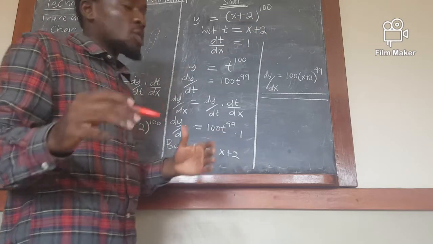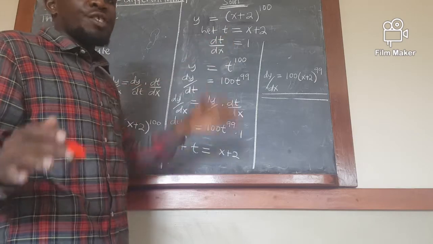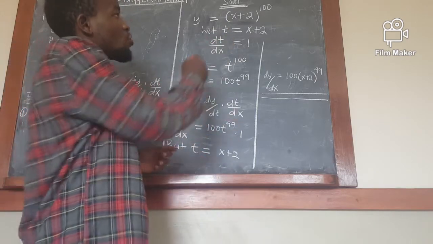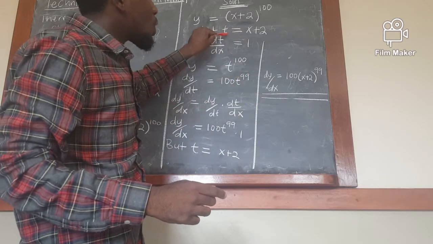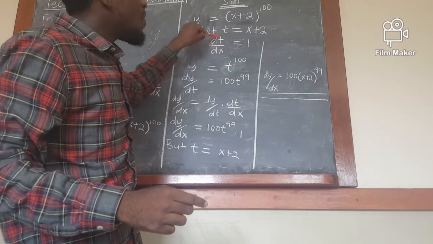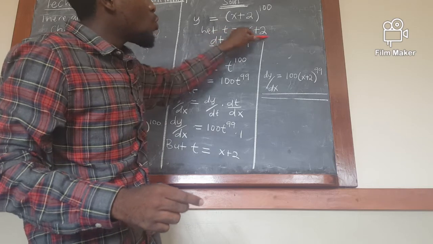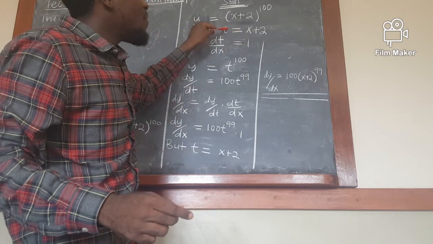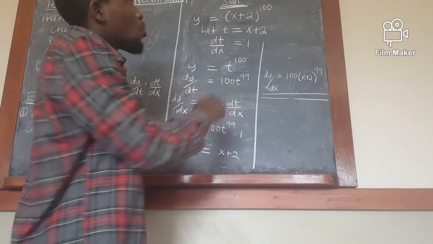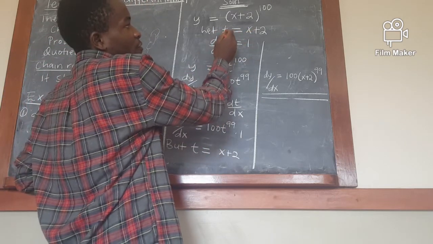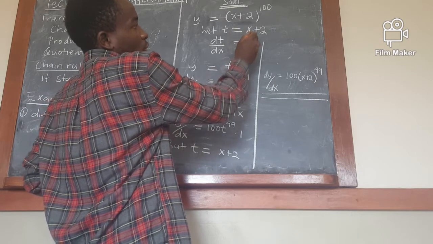What you have to know is that whenever we let, we differentiate. And it will not be dy dx, no. It is the d of what is on this hand divided by the d of the unknown on this side. On this side we are having t, and on this side we are going to have x. So we differentiate t in respect to x.